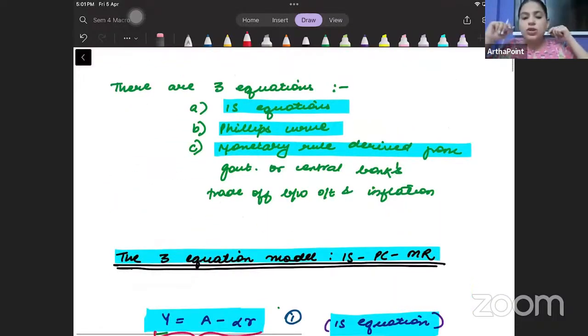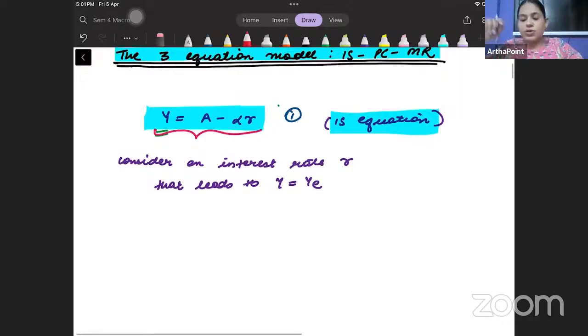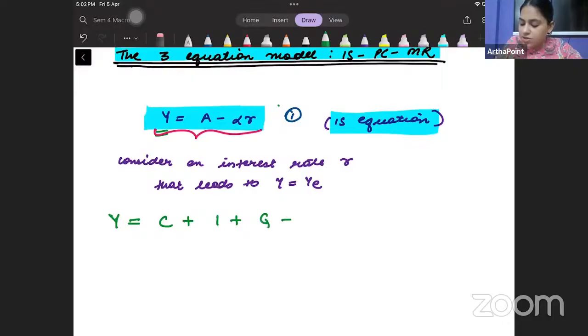So first of all, you need to understand the IS equation, right, beta? If you remember, how were we writing the IS equation? We were writing the IS equation as Y is equal to C plus I plus G plus NX.